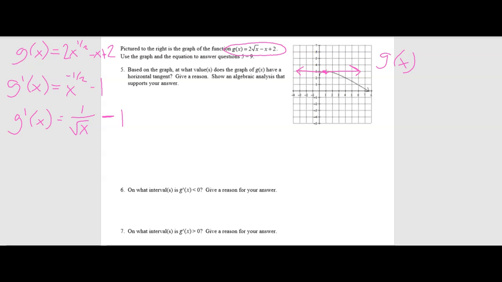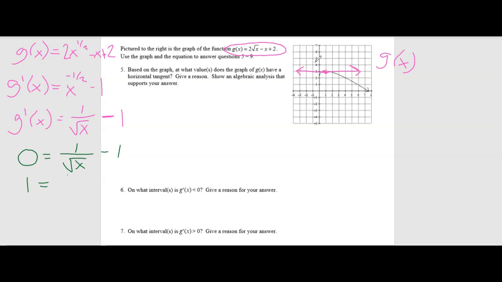So I'm actually going to see if there's more than one 0. It looks like the graph only has one horizontal tangent. I'm going to see if there's any other values for x where that's true. So I'm going to set the derivative equal to 0 and see what values of x we come up with.